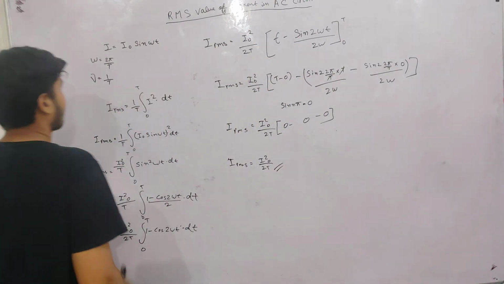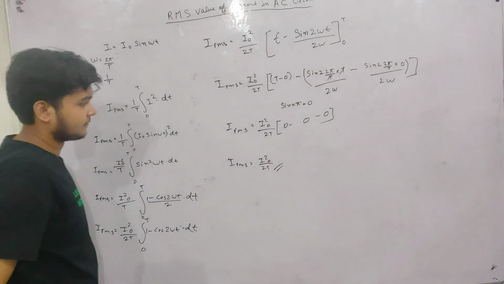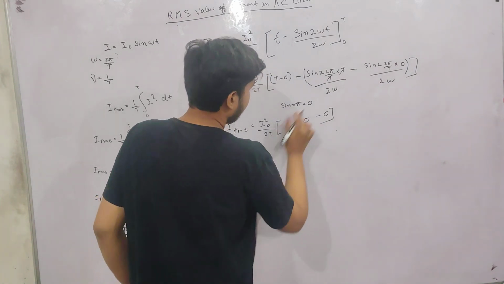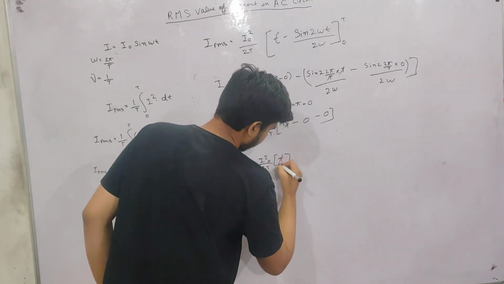We have found the division, RMS, root mean square, I_rms. Here it will be t minus 0, t, and t will cancel.